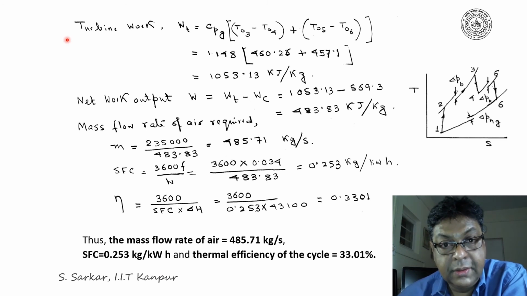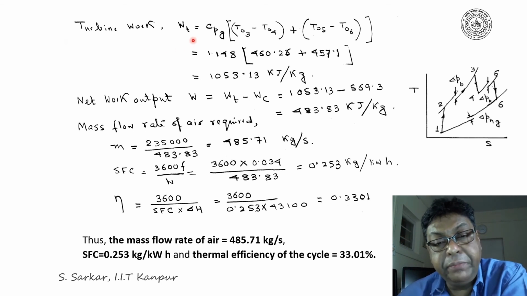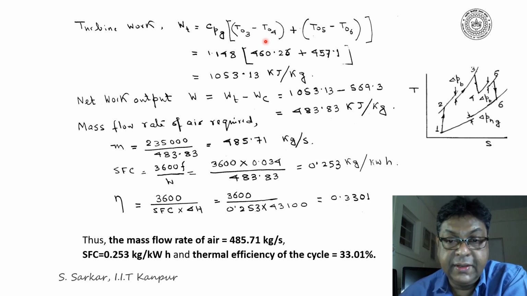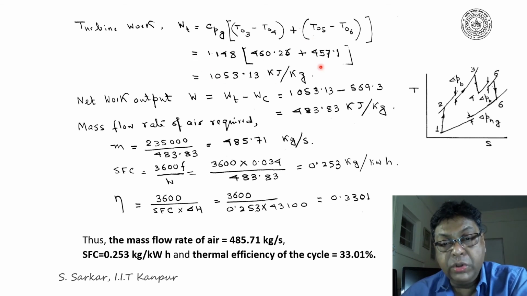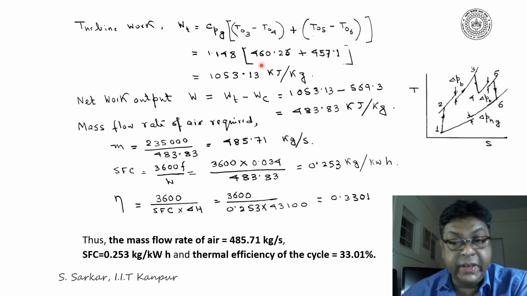Now turbine work would be the combination of HPT and LPT. Thus WT is equal to CPG into T03 minus T04 plus T05 minus T06. The T03 minus T04 is the temperature drop in HPT, and T05 minus T06 represents the temperature drop in LPT. Thus, I know both the values. One is 460.26 and the other one is 457.1, and CPG is equal to 1.148.